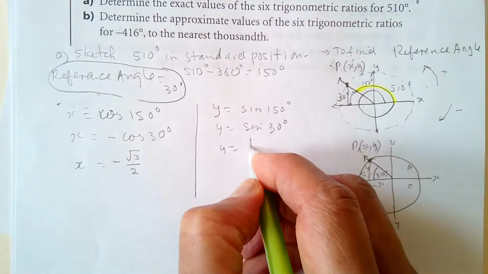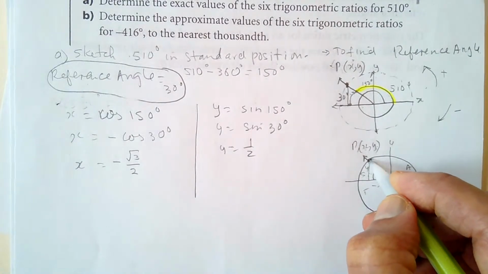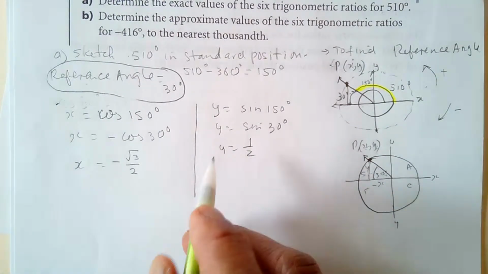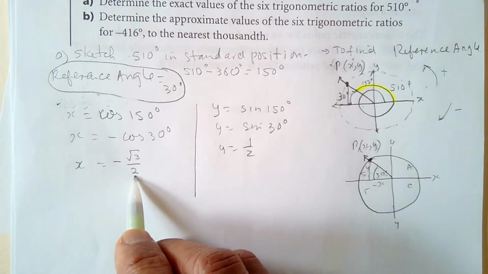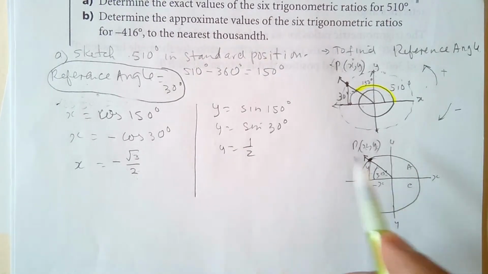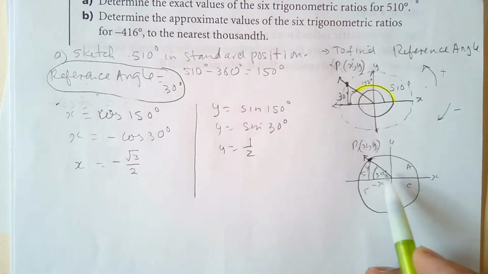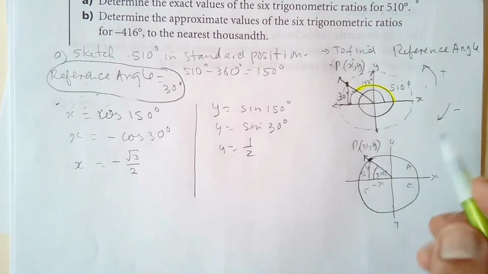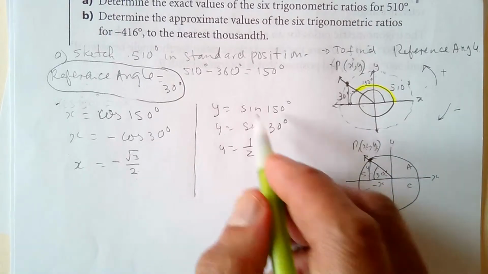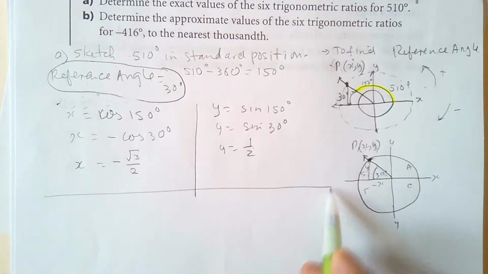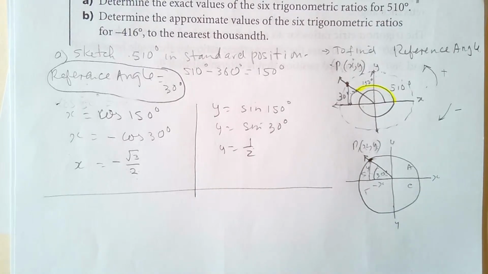So y is equal to a half. So this coordinate point here is negative root 3 over 2, and a half. And it makes sense because your x here is negative and your y is positive. And using your CAST rule, sine is positive and cos is negative.